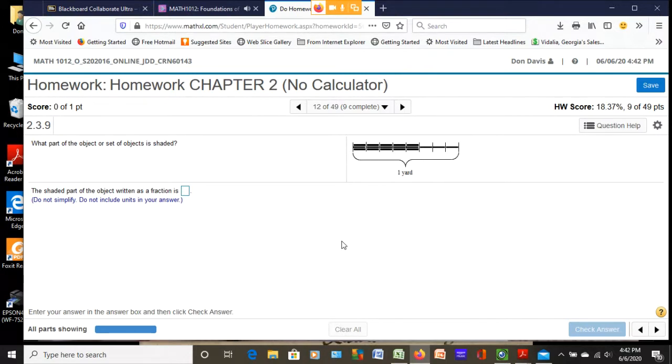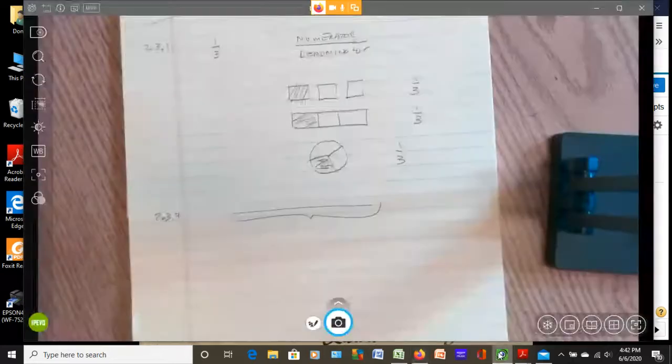Let me see if I can duplicate that on my pad over here. I need to see how many parts we've got all together. So you help me count them. So I've got 1, 2, 3, 4, 5, 6, 7, 8 parts, 8 sections there, right?